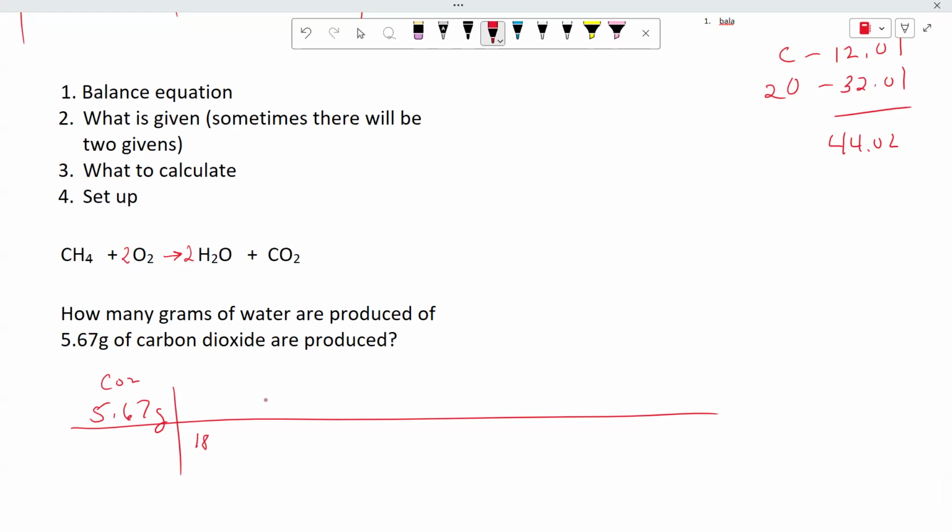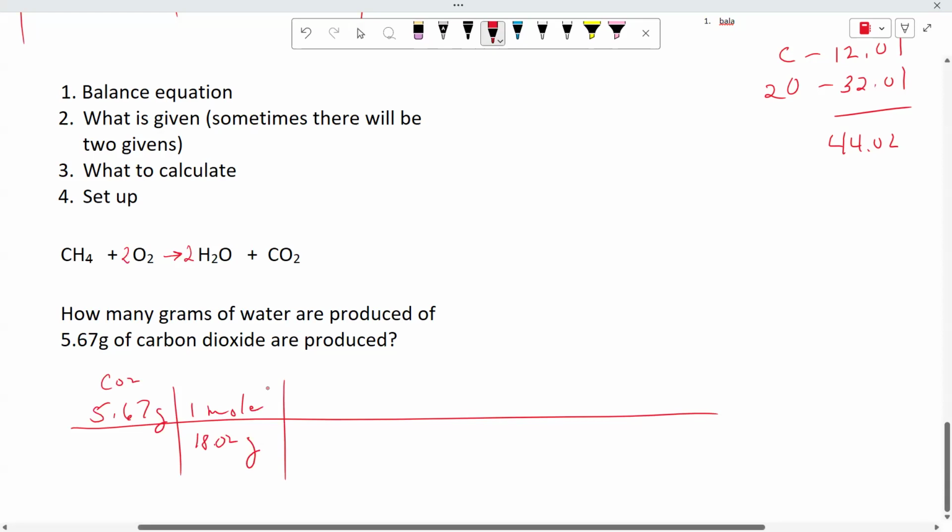So it's going to be 18.02, 1 mole. Where did the 18.02 come from? Periodic table, right? 2 hydrogens, they're 1.01 apiece. Oxygen 16, so that's 18.02.